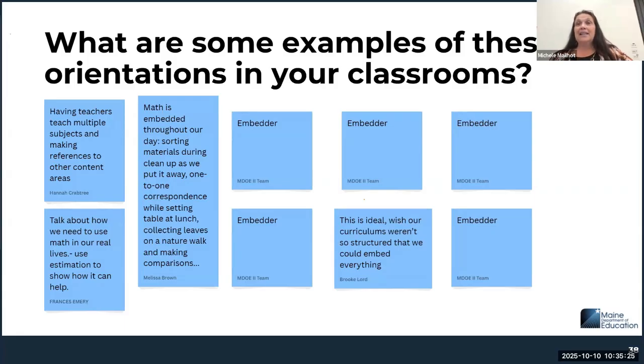When I was back in the classroom, at the middle school level, we were a team of 4 teachers, each teaching our own content area. And we had common planning time as a team where we could come together and develop these thematic units that we could weave into our curriculum because we shared the same students.